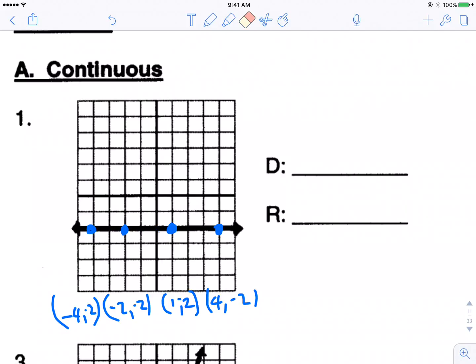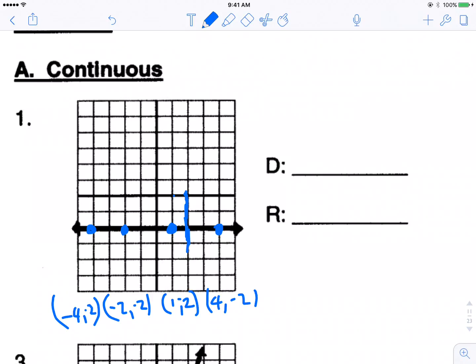Now, let's look at what this graph does for the domain values only, just what its possible x values can be. Can x be 2? Here's x of 2 right here. Does it cross the graph? Sure.